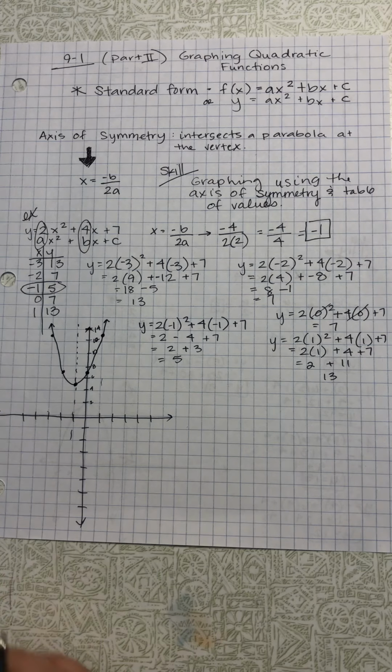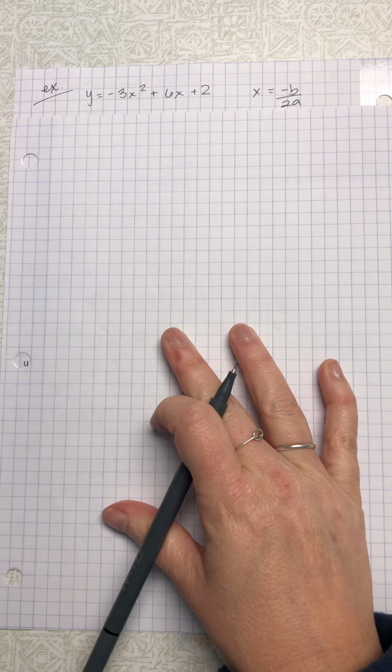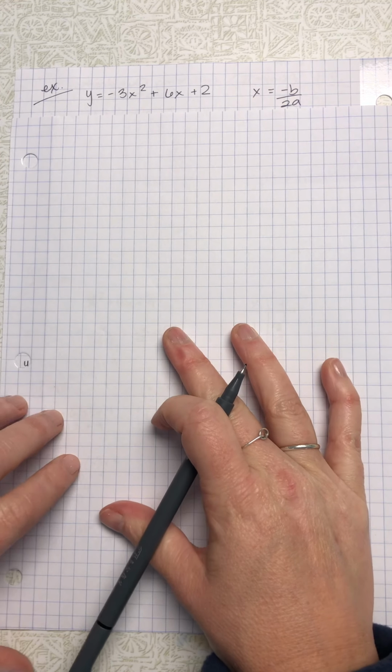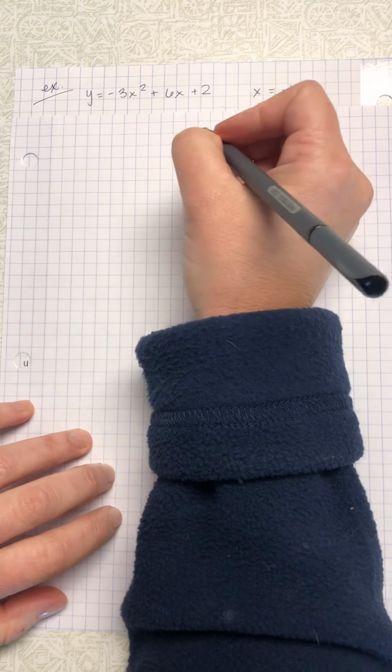Okay, let's try another example. Let's say we have y equals -x² plus 6x plus 2.